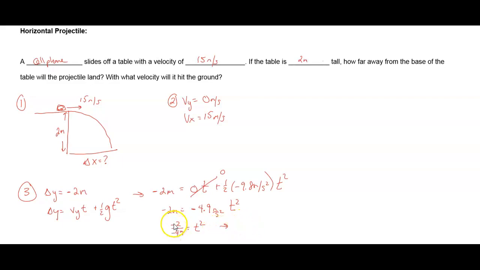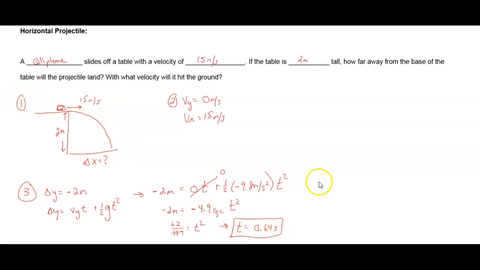Notice that the two negatives will cancel out, so 2 over 4.9 is t squared. If we take the square root of that answer, we get our final time, which should be just about 0.64 seconds. This is how long the cell phone takes to fall to the ground.